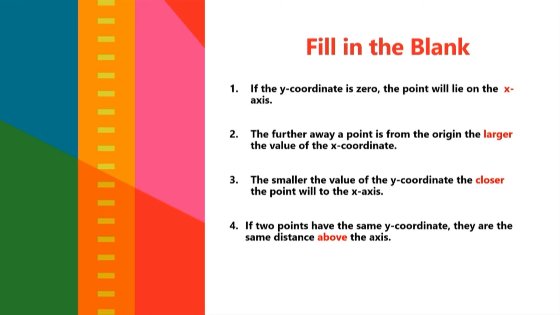That just makes sense. Remember, with our y's, the larger the number, the higher above the x-axis, the smaller the number, the closer to the x-axis. And then number 4, if 2 points have the same y-coordinate, they are the same distance above the x-axis.